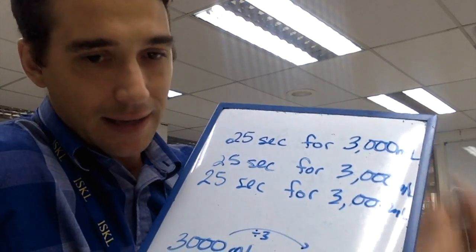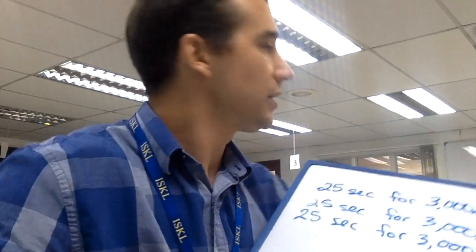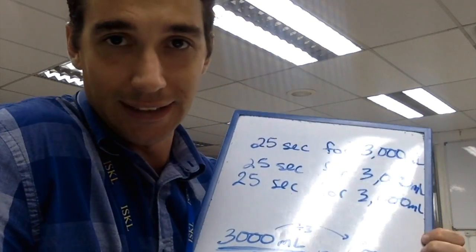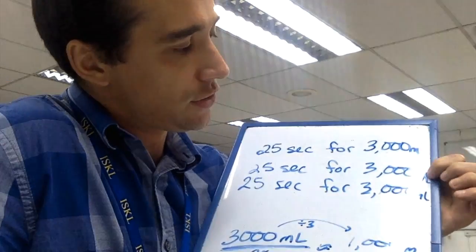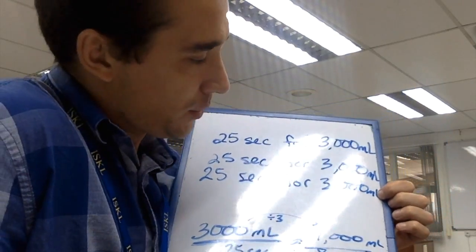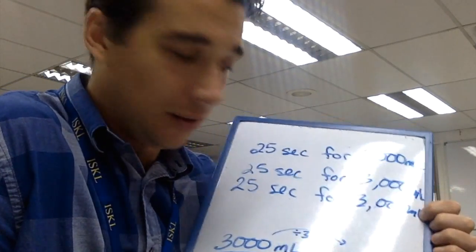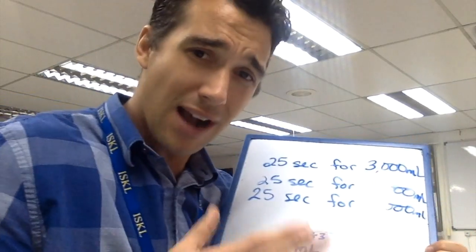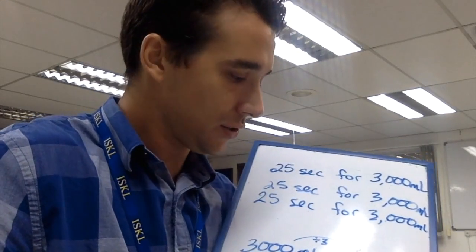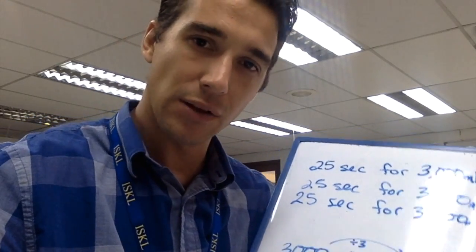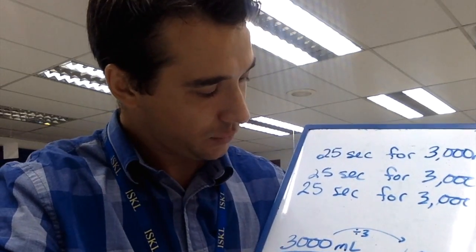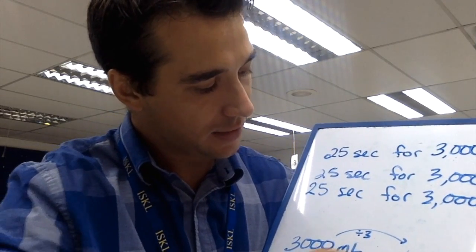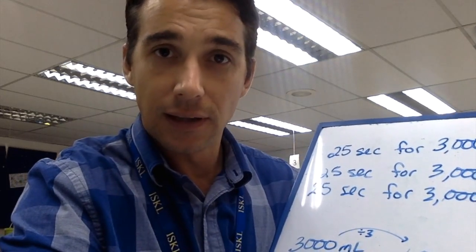For me to reach my 9,976 milliliters, I'd have to make that trip at least 1, 2, 3 times, which would get me up to 9,000 milliliters. And then I'd need approximately another 1,000 milliliters. So to know how long that would take, I decided, well, if 3,000 takes 25 seconds, it's going to be about 1/3 the time.